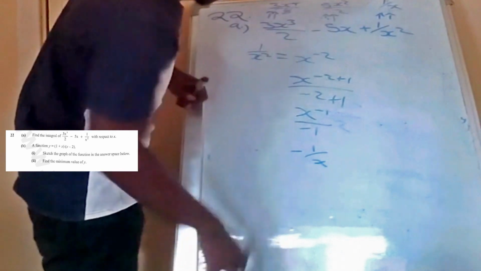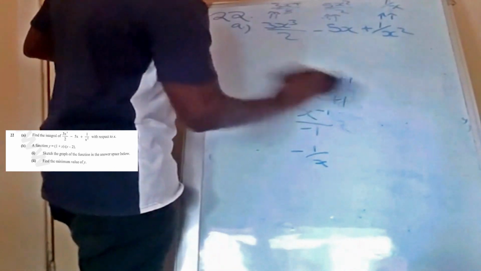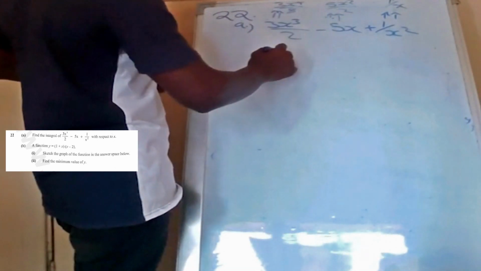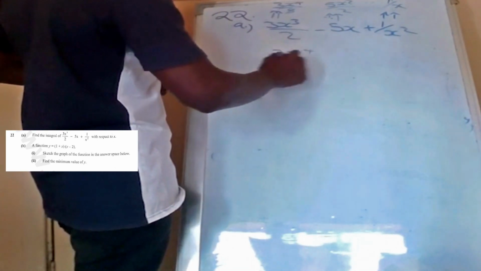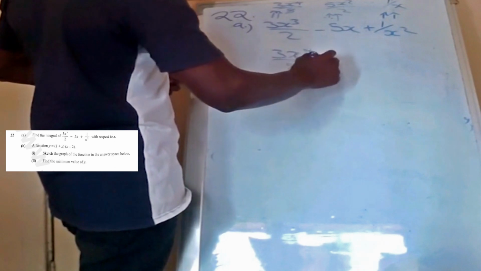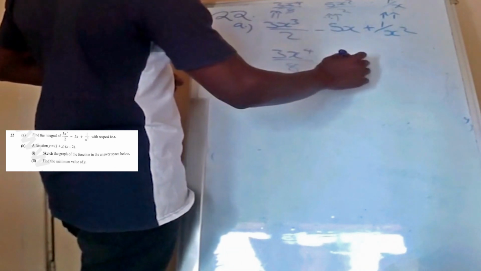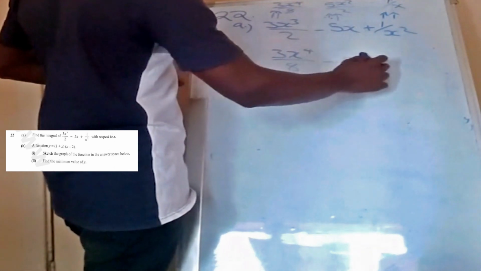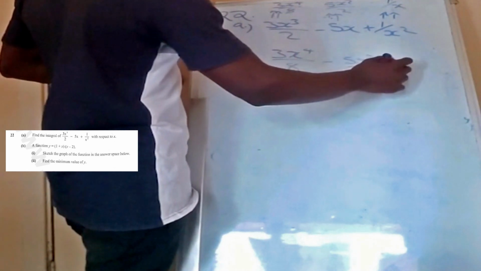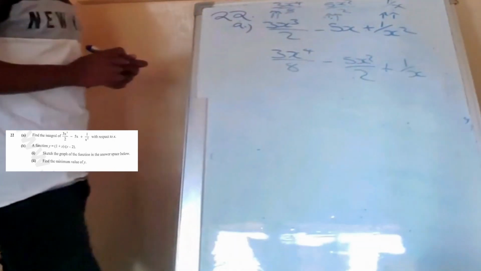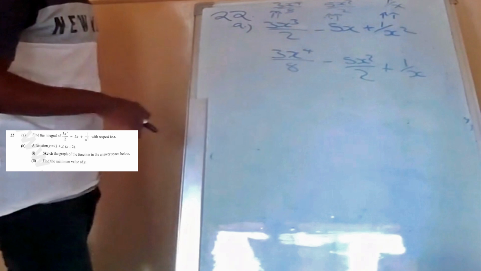And now to write our final answer as a whole, we're going to have 3x to the power 4 divided by 8, sorry, there was a minus here, so minus 5x to the power 2 over 2 plus 1 over x. And you are done with that question.